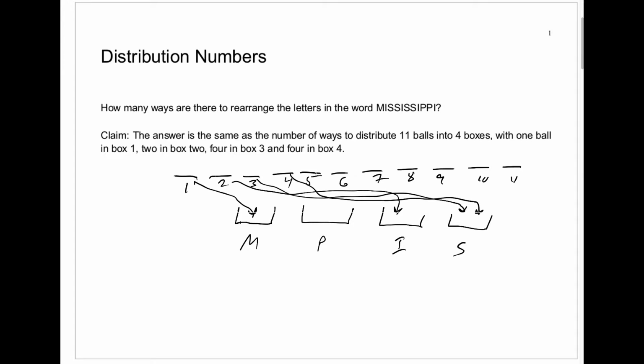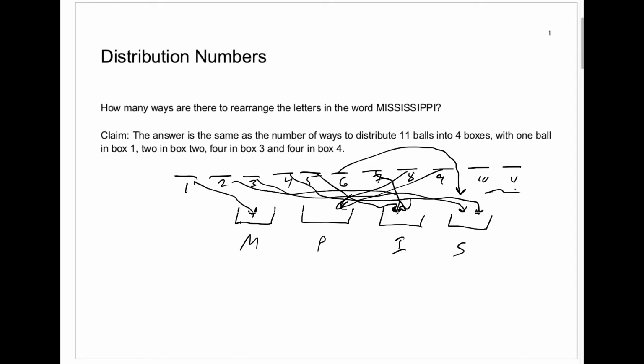Position 5 is an I, position 6 back to an S, position 7 an I again, positions 8 and 9 into the P box, etc. I won't put in the last two, but you can see what I'm doing.